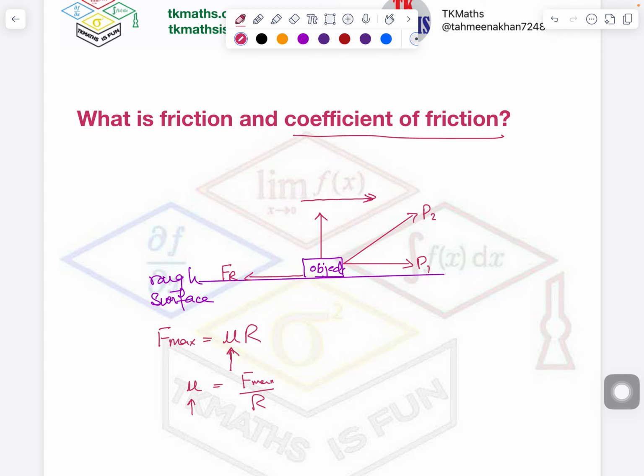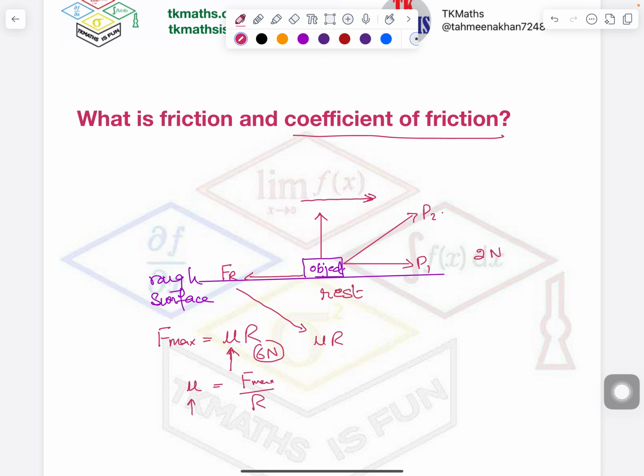It has no units. Now another important thing: if the object is at rest, then the frictional force may be maximum or it will be equal to the forces applied on it. For example, the force applied on the object to make it move is 2 Newton, and the maximum frictional force is, for example, 6 Newton.